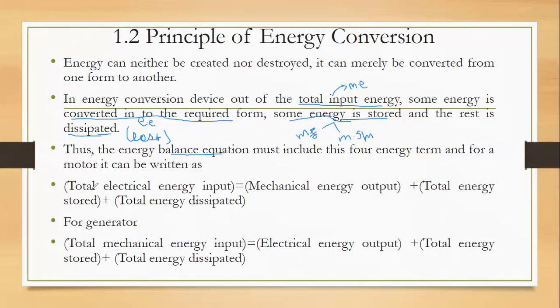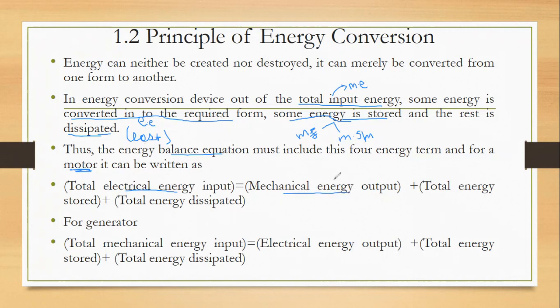In the energy balance equation, we have to consider all four things: the input, the converted energy, the stored energy, and the dissipated energy. If we consider a motor, the input will be electrical energy and the output will be mechanical energy.